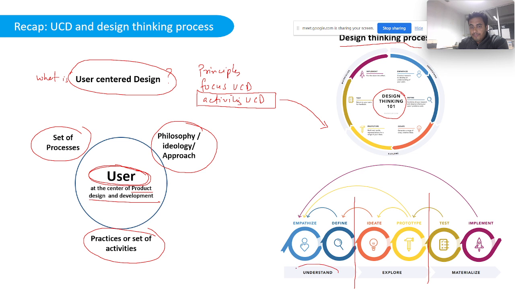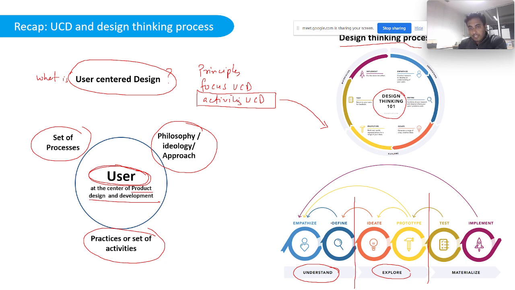Understand phase, where we empathize and define the problem, the requirements, and then we explore various ideas with prototypes. Then we test the prototypes and then implement. And I told you that this is an iterative process.